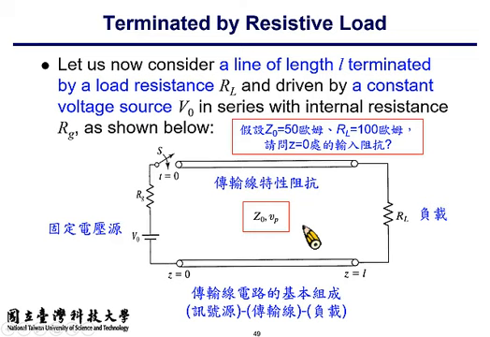L stands for load, 负载 RL. Here is RG, which stands for generator. In the middle is your transmission line, which can be a coaxial cable, a microstrip line or a waveguide, as we can see from your textbook.